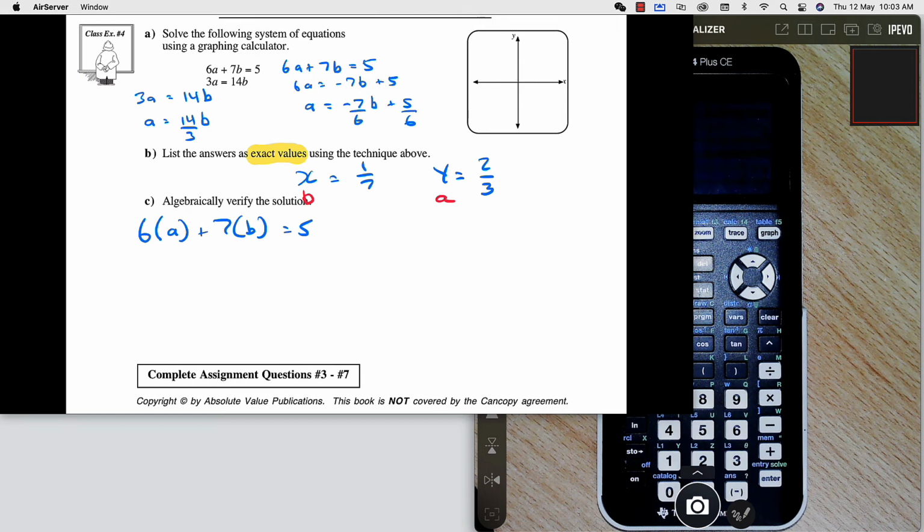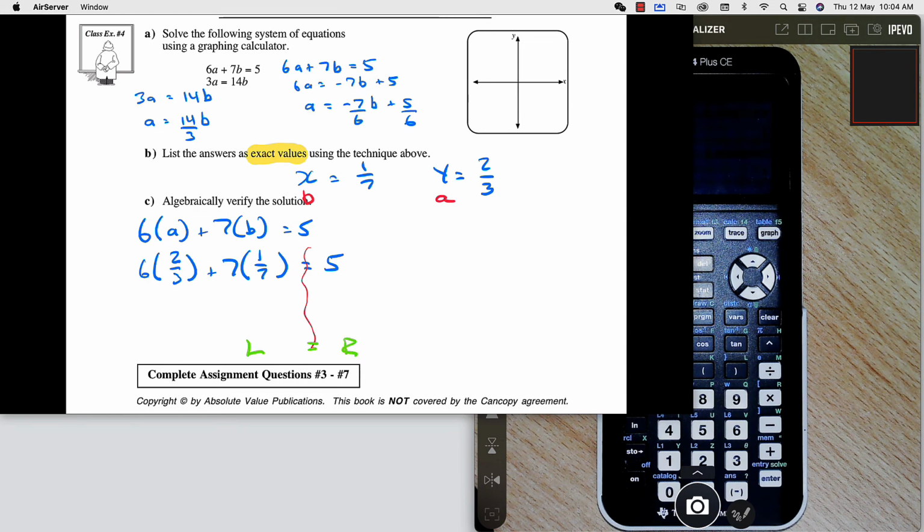Okay, so to substitute, it's 6 times a, which is 2 over 3, plus 7 times b, which is 1 over 7, and that should equal 5. So essentially, we've got the equals right here, so whatever's on the left side should equal whatever is on the right side.